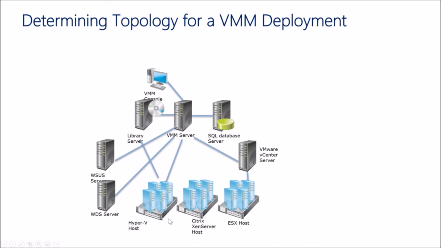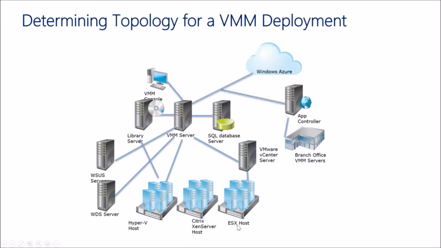Most of the time you'll have Hyper-V, but this is just possible. And then you have the cloud, your App Controllers, which actually allows for self-service and possibly branch office VMM servers. So basically, you can see that the VMM server is the center of everything.